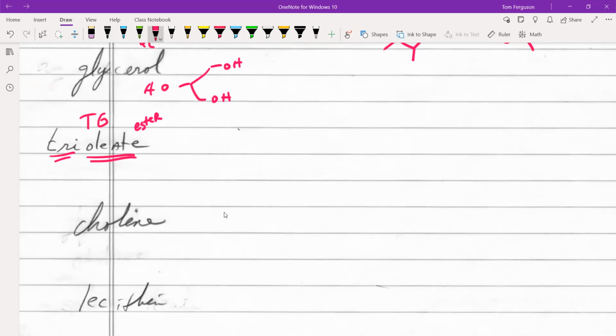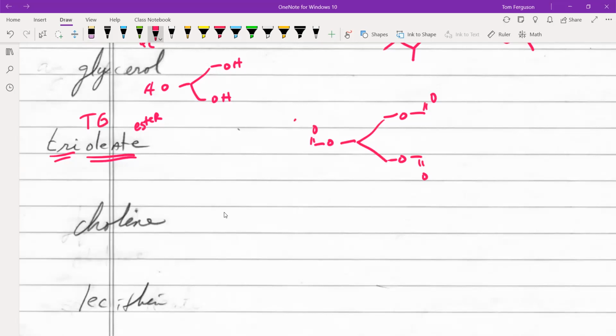So it will look something like this. And then you're going to have oleic acid here, which is an omega-9, 18 carbons long.